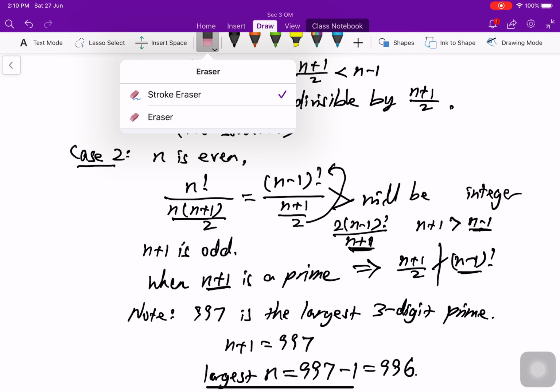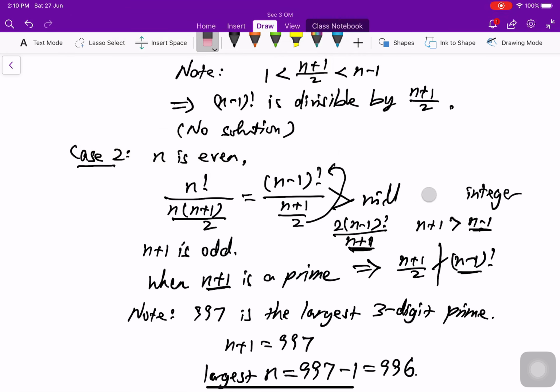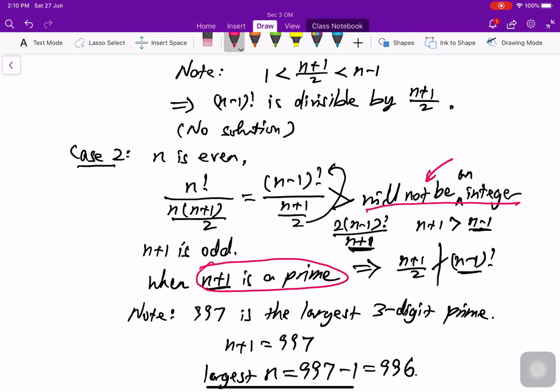Let me clarify: it will not be an integer provided that n plus 1 is a prime. I keep saying it will be an integer, but I left out the word not. Okay, with that, I stop here.